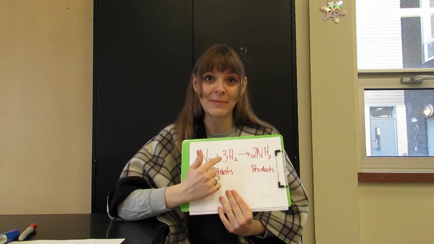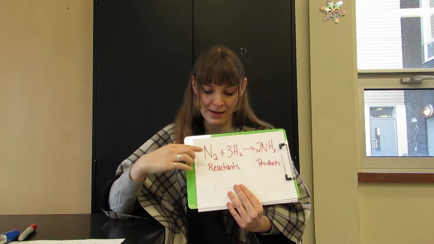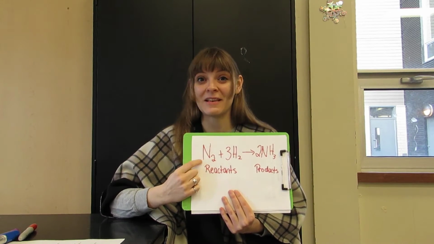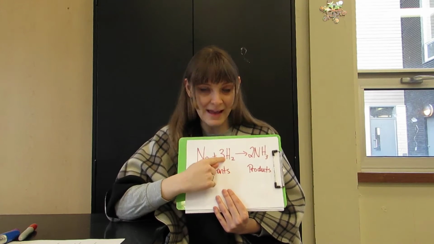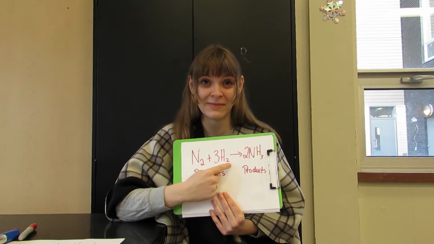Lastly, let's look at the number in front. This number here and this number here are called coefficients, and those tell us how many molecules there are. Notice how this one doesn't have a number in front. So we assume that this is 1 molecule of nitrogen gas. And here there's 3 molecules of the hydrogen here.